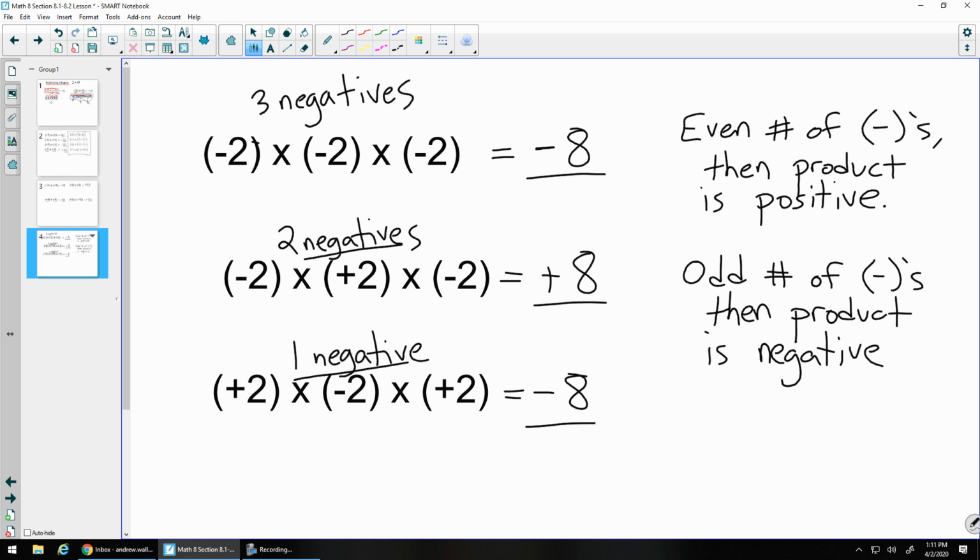Your answer is negative. Positive times negative is only 1 negative. Your answer is negative. Negative times negative times negative up here, our answer is negative. Negative starts to sound weird when you say it so many times. Anyways, hopefully that makes sense.